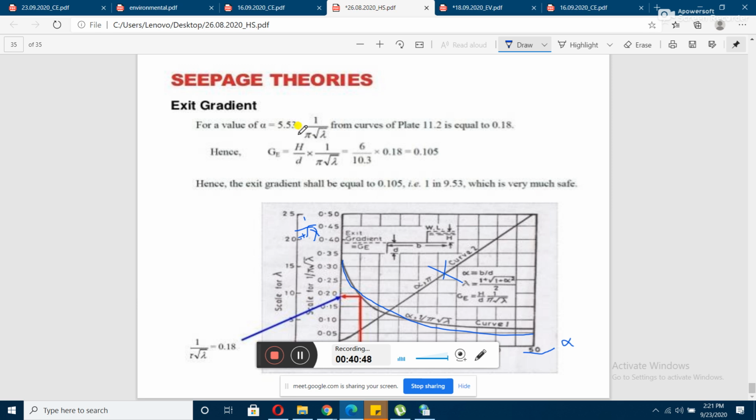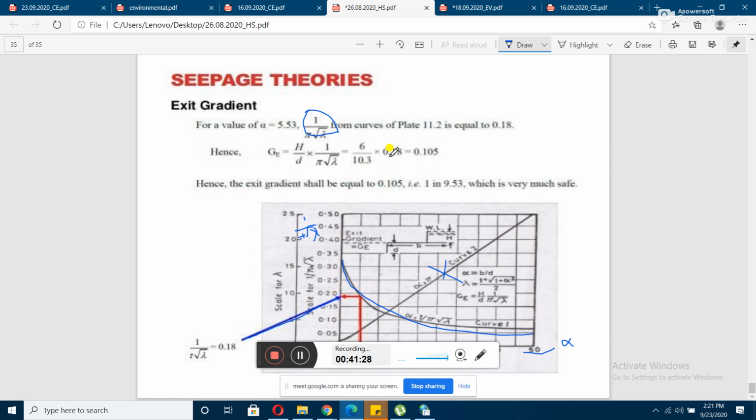Once you get the value of alpha, that is 5.53, have a look at the note I provided you, where we determine the alpha. After you get the value of alpha, you draw, like you did in the previous curves, a perpendicular, then from the point at which it intersects you draw a horizontal, and that value will give us 1 by pi root lambda. This total value turns out to be 0.18.